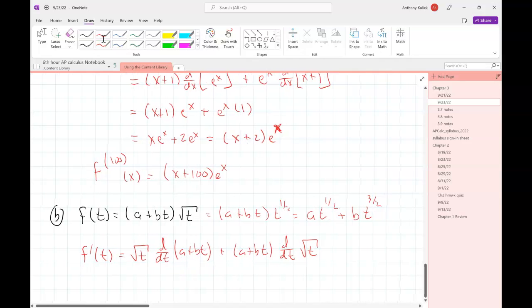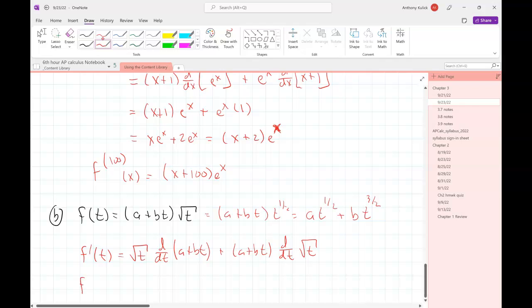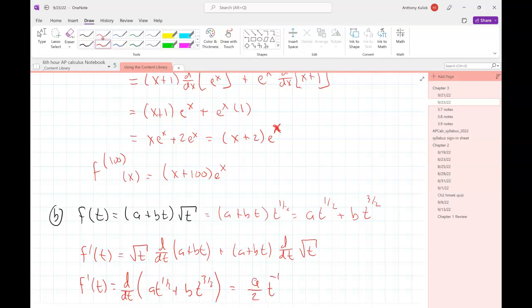And if I think about it that way, that's something I can just do in my head, right? a over 2 t to the -1/2 plus 3b over 2 t to the 1/2.